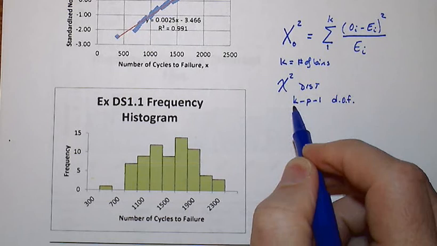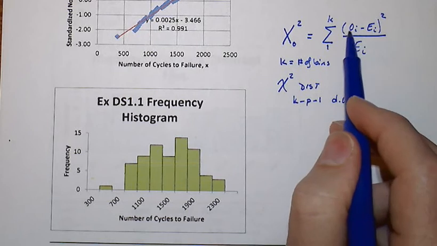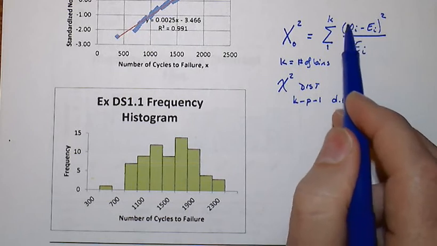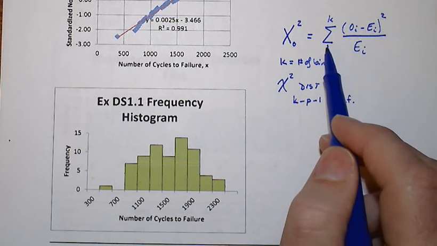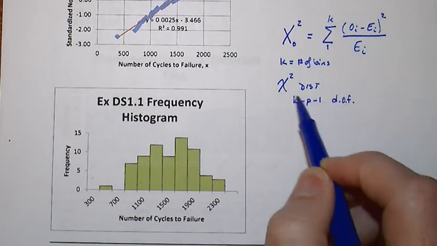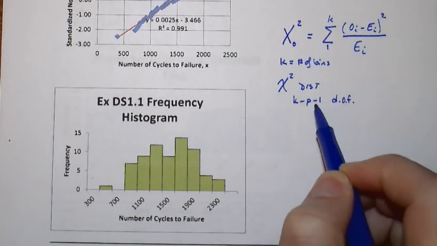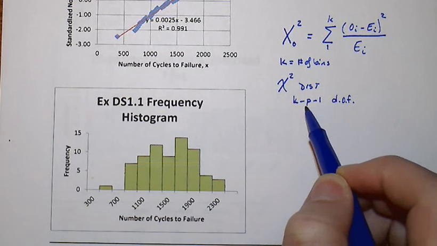Because our statistic is built on observed frequencies within a bin, the i runs from 1 to k, and we start with k as our degrees of freedom, subtract off 1 for having used the data, and then minus p.